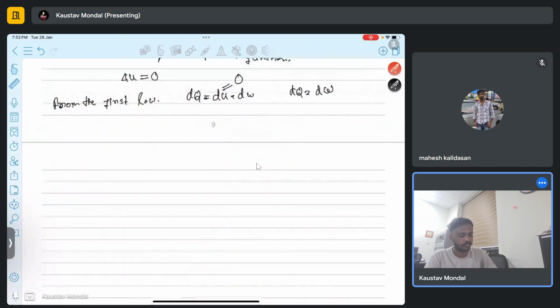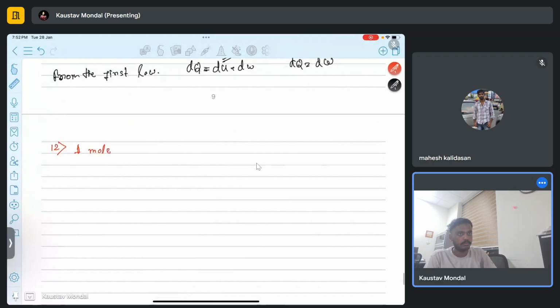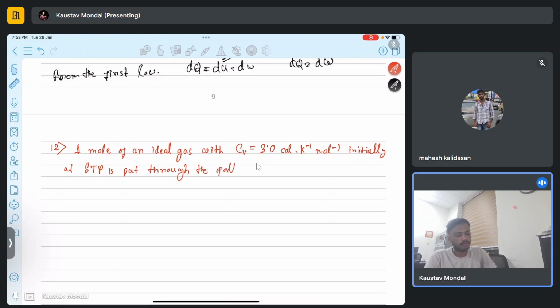Problem number 12. 1 mole of ideal gas with CV equal to 3.0 per Kelvin per mole, initially at STP, is put through the following reversible cycle.